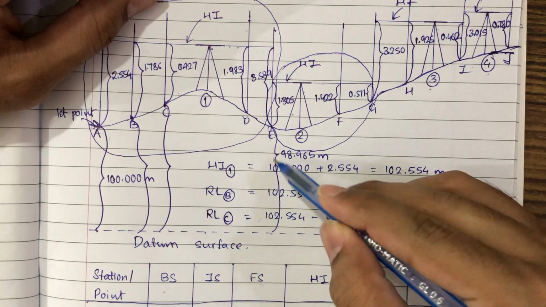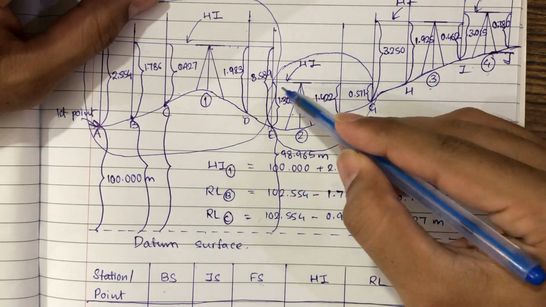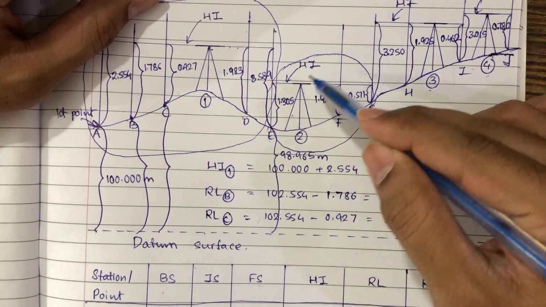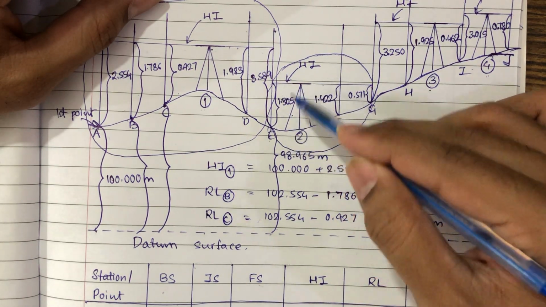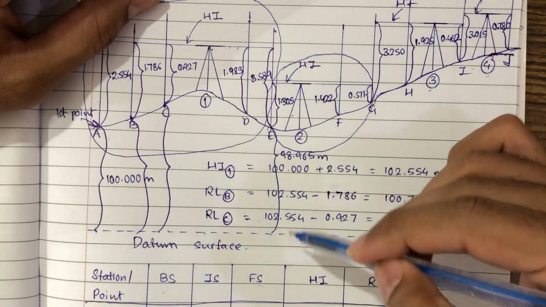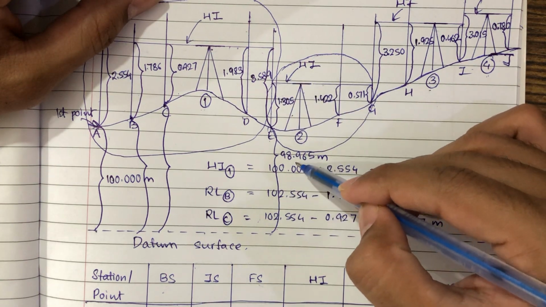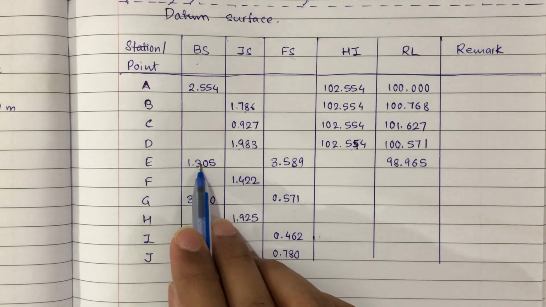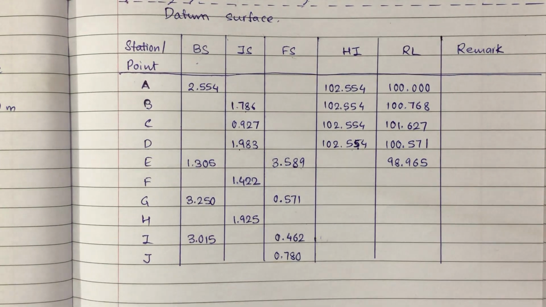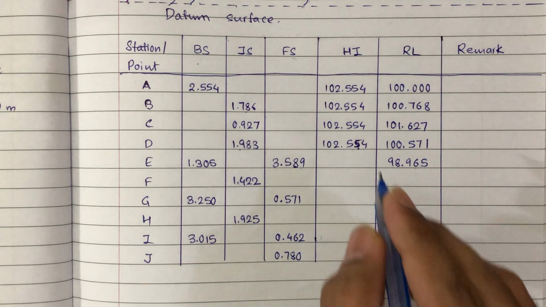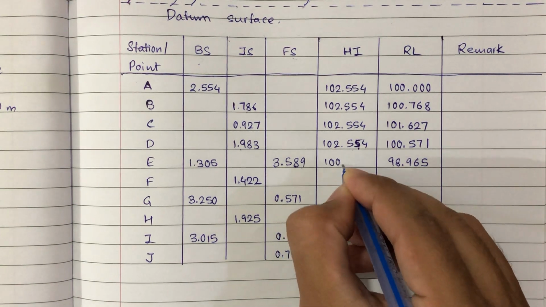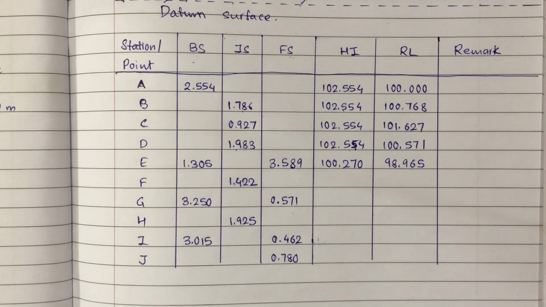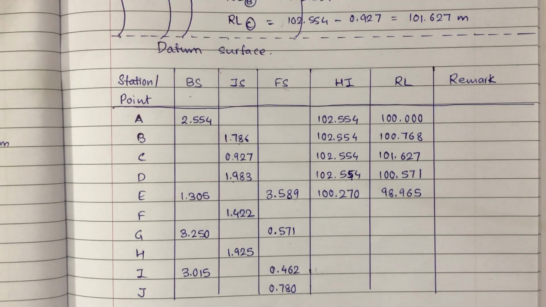So to this RL, if we add this reading, we will get the height of instrument. So 98.965 plus 1.305 will give you the new height of instrument, and that comes out to 100.270.